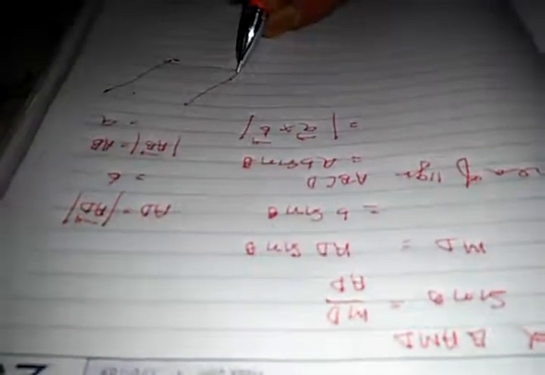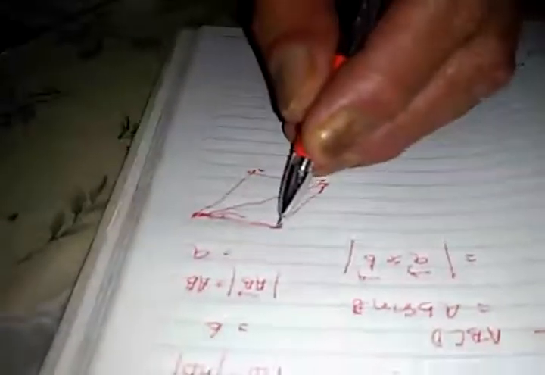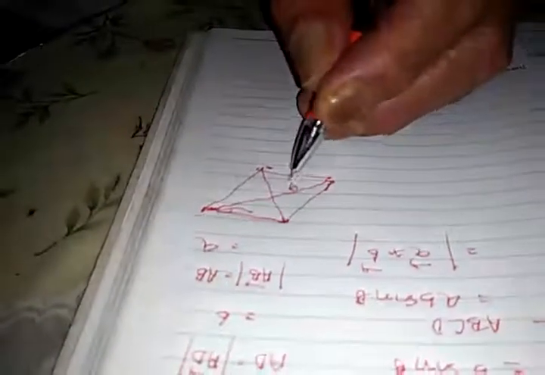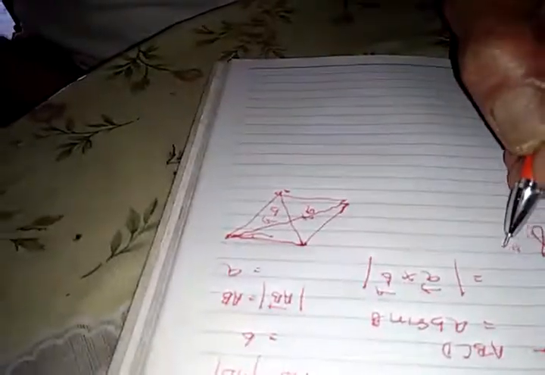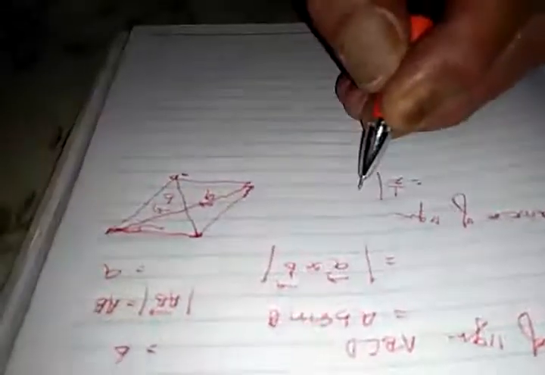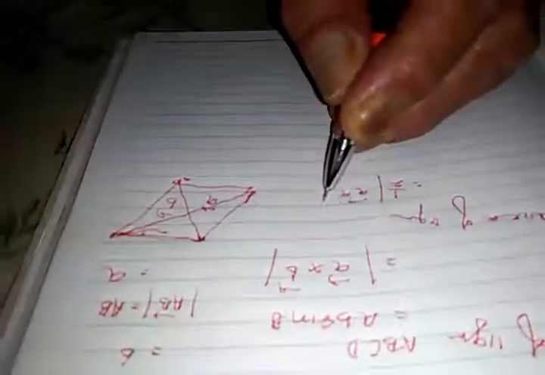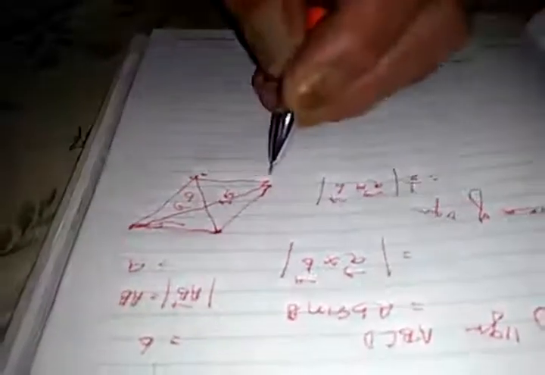Now if A and B are the diagonals of the parallelogram, like this, these are the diagonals, the vector A, the vector B, then the area of parallelogram is also written as half the magnitude of A cross B. Right?